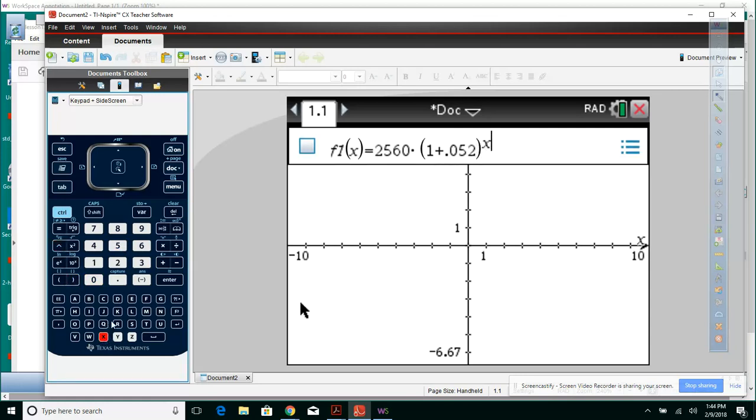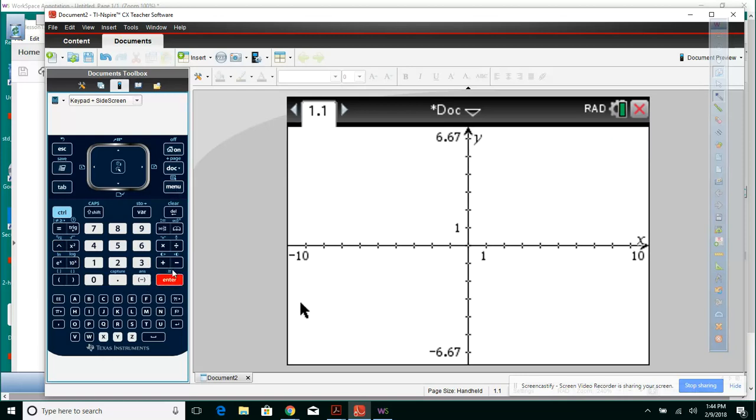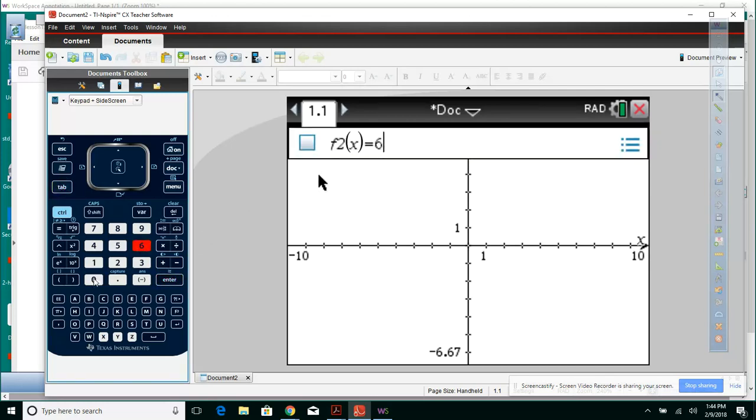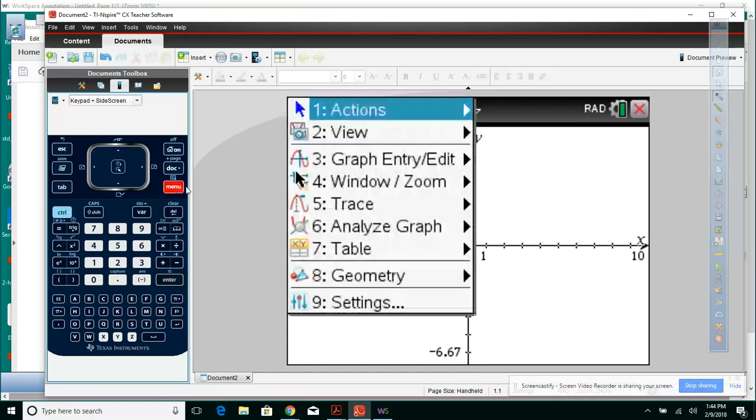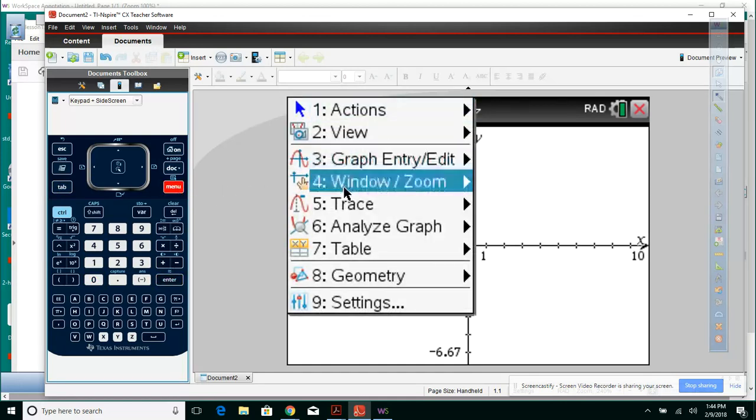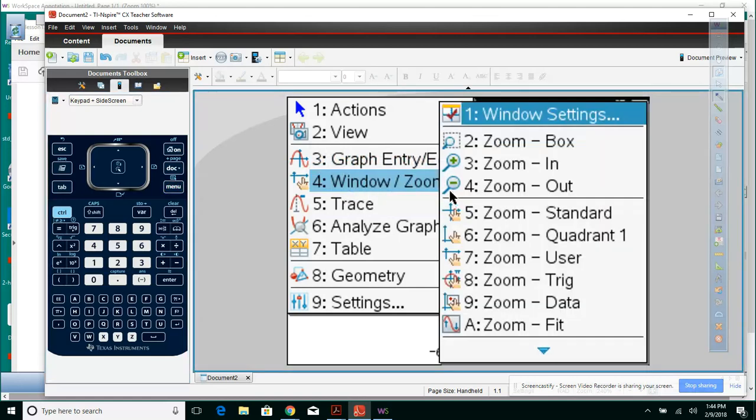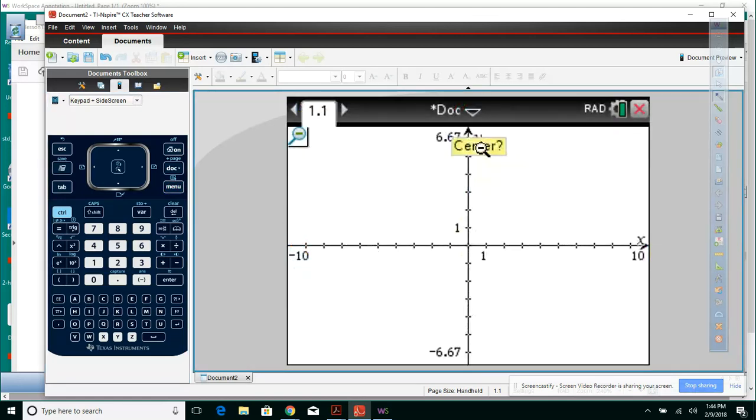We got to use X with the graphing calculator. And remember, you can do this in Desmos as well. And we can't see it, so we're going to tab 6,000. We know 6,000 is way up there. So menu 4, 4.